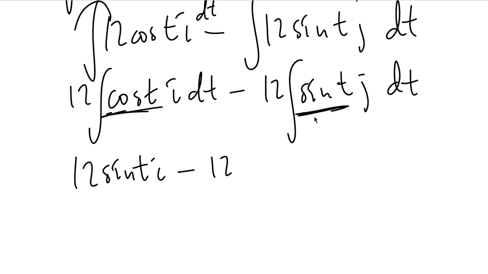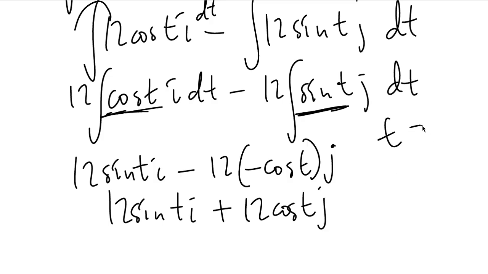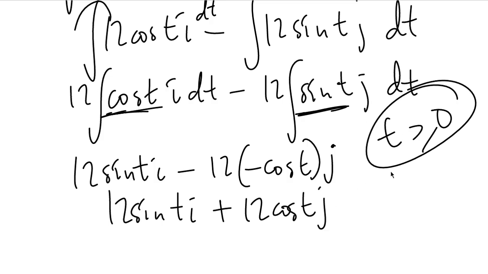The integral of sine is what? Negative cos. Take note. So negative cos t, and then j. So that's going to be 12 sine t i, and then plus 12 cos t j. And this is for t greater than or equal to 0.